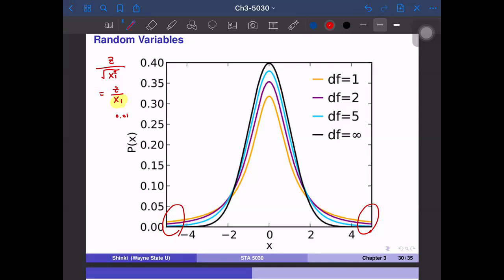So we can imagine that with degrees of freedom 1, the T distribution is very heavy-tailed. And as the degrees of freedom get larger, 1 to 5, infinity, this goes to normal. So this black curve, the T distribution with df infinity, is exactly normal 0, 1.